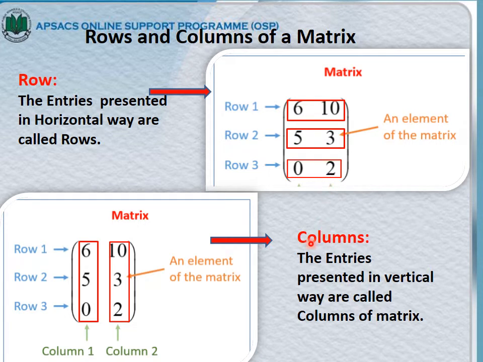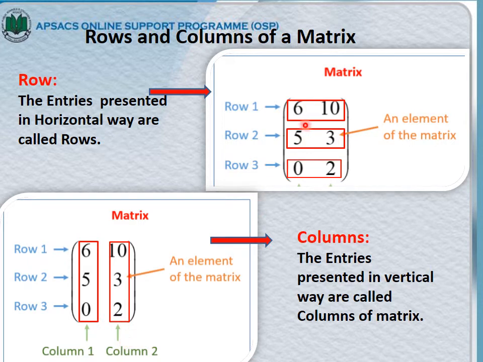Now what are columns? The entries presented in vertical way are called columns of a matrix. You can see in this example, these are the arrangement vertically. How many columns are there? Column 1 and column 2.